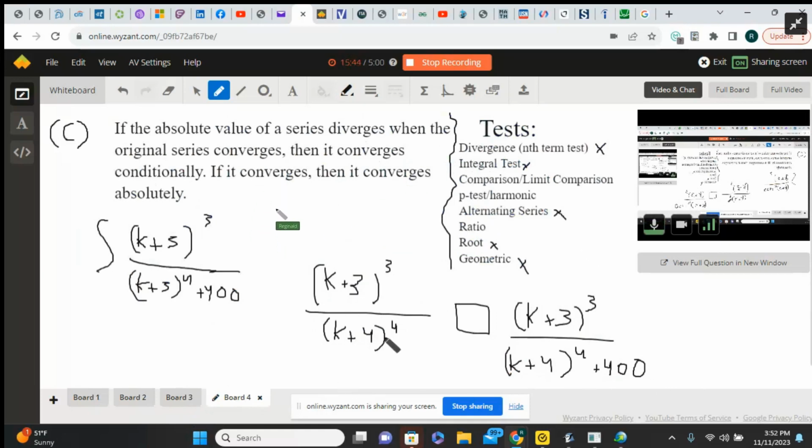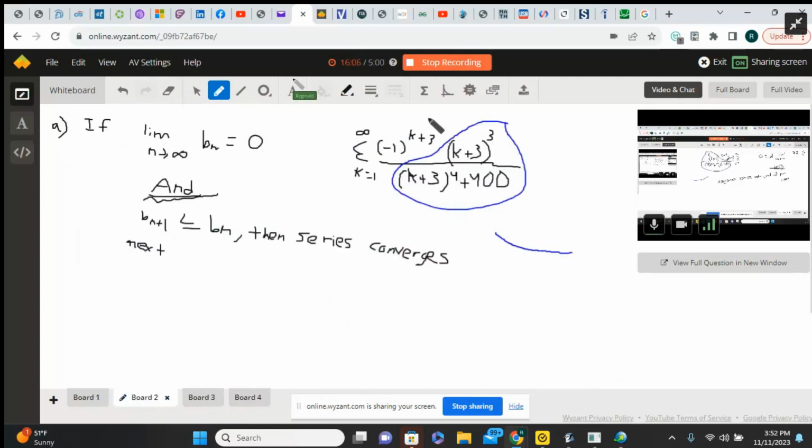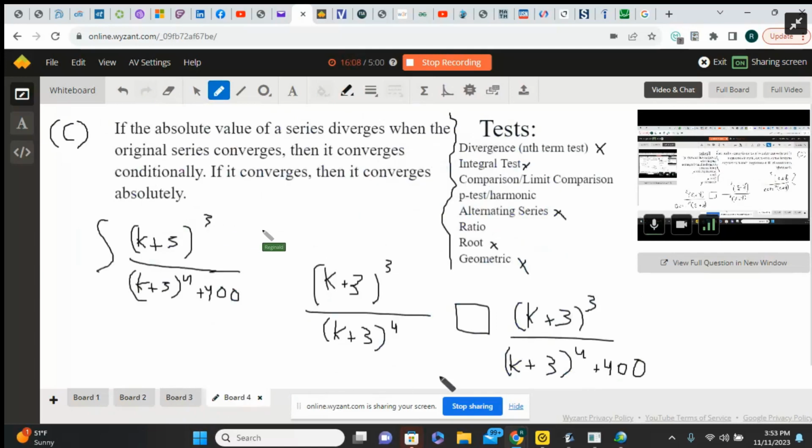From algebra, you're going to get 1. Oh, this should be a 3. I apologize. Likewise, this should be a 3. Yep, 3 and 3. So from algebra, you're going to get 1 over k plus 3.